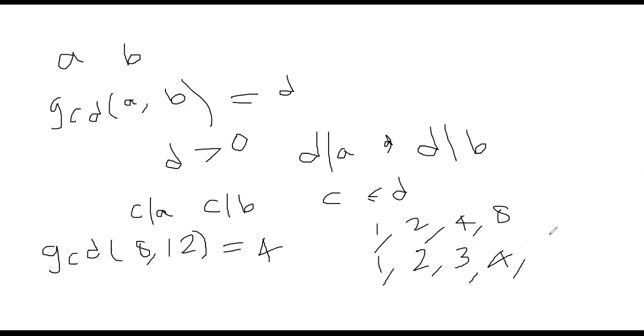As you can see, the number 4 is the largest number that is common across both of these. These are the divisors of 8, these are the divisors of 12, and you can see 4 is the largest number that divides both. That's basically the definition of GCD.